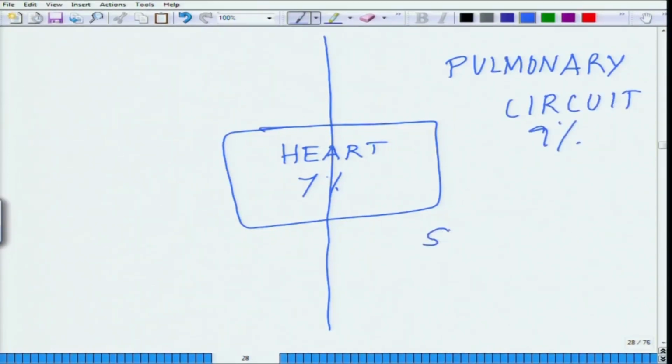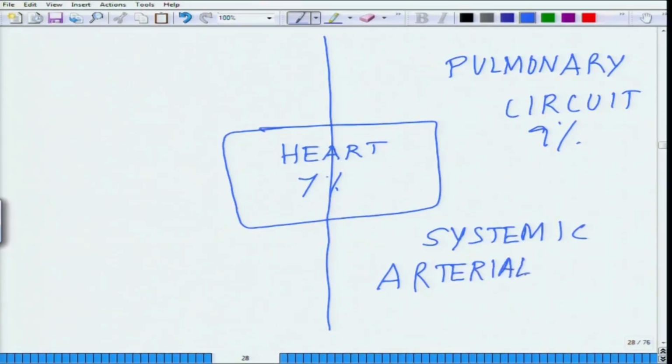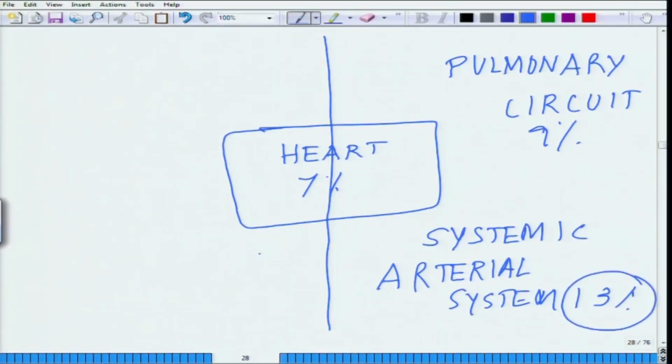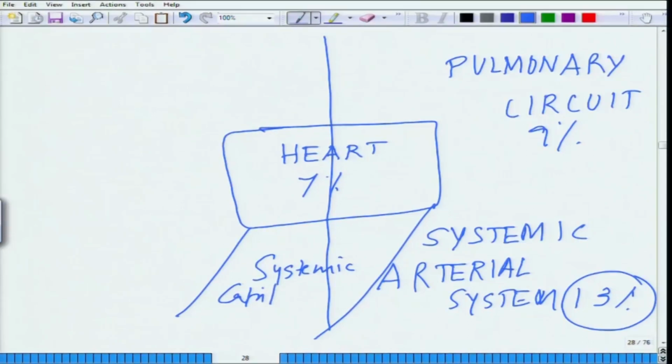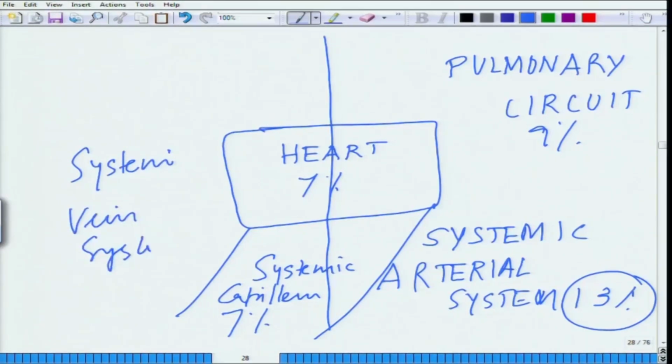In the systemic arterial system, you have 13% of the blood. In the systemic capillaries, you have 7% of the blood, and in the systemic venous system, you have 64% of the blood.